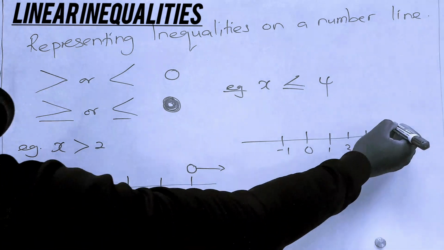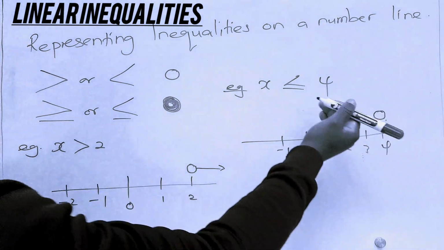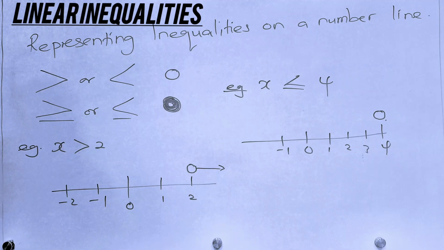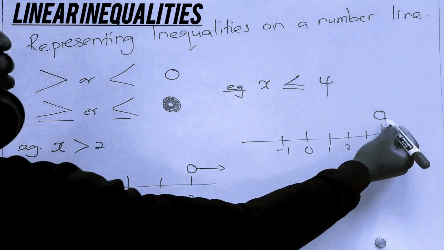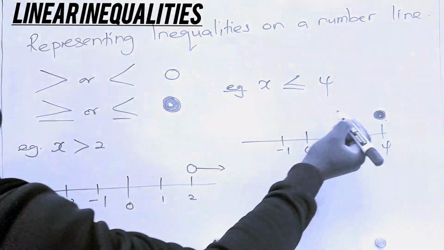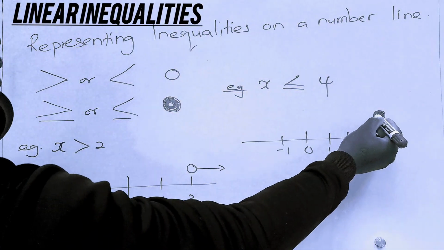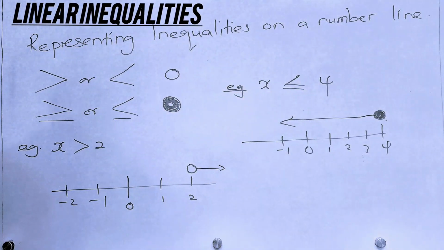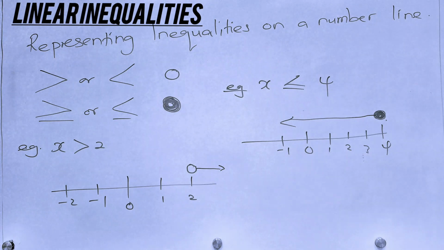So it starts on 4. It's less than or equal to, so we have to shade our dot. Then it is the less than or equal to side, which is our left side. So that's the solution of x less than or equal to 4 on a number line.